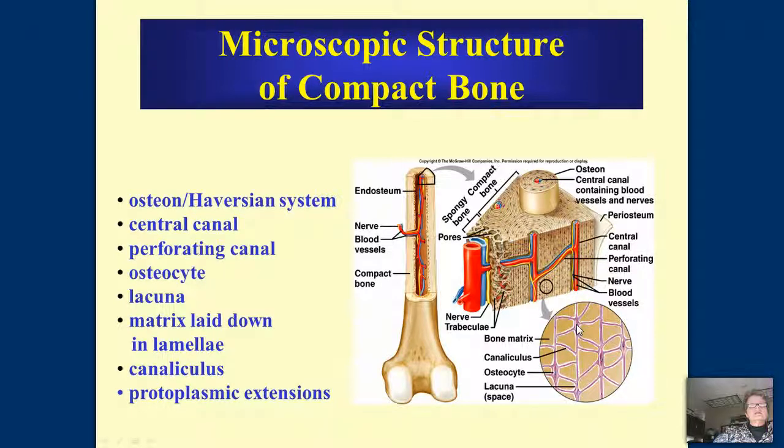You can see a little nucleus of that osteocyte, and there are protoplasmic extensions out into what we call the canaliculus, and these are little grooves in that non-living matrix that these extensions can protrude into. Also, those little dots right there are osteocytes.